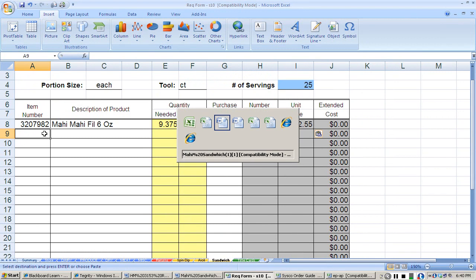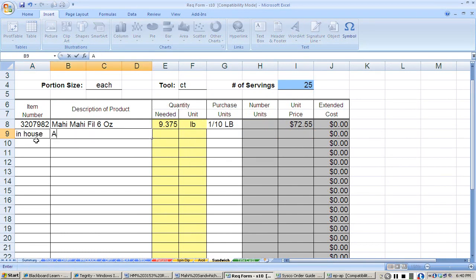Alright, next on the recipe is 25 ounces of avocado lime aioli. So, for the put in-house, avocado lime aioli. Alright, so what we need is 25 ounces. Purchase units, you could do this one of two ways. You could have this as 25 ounces in just one batch of that recipe, or you could do it as 1 ounce, and the number of units would be 25, and you multiply that times the cost per serving.